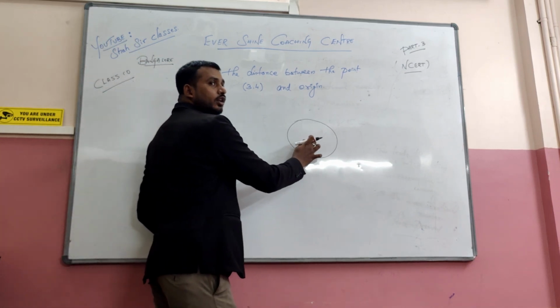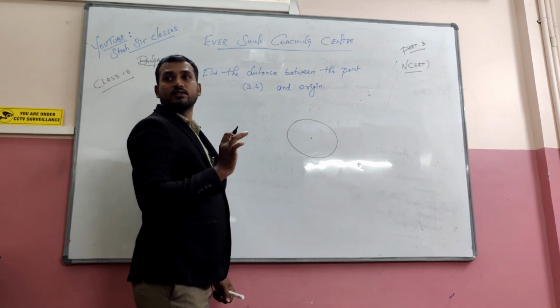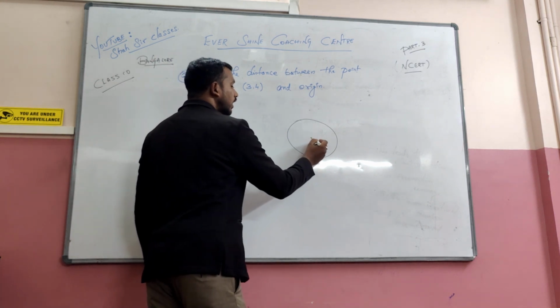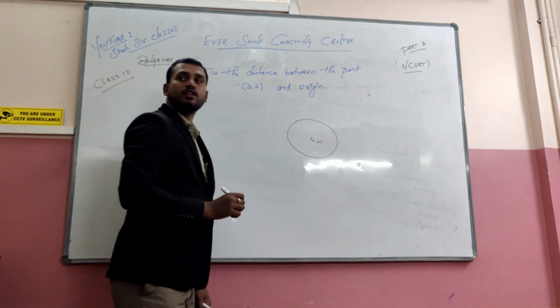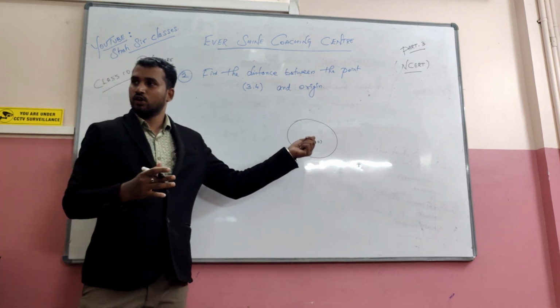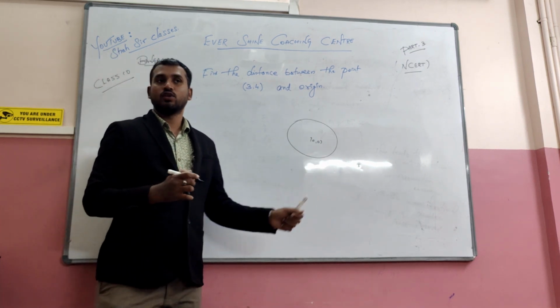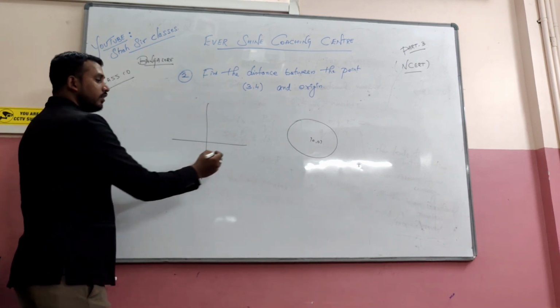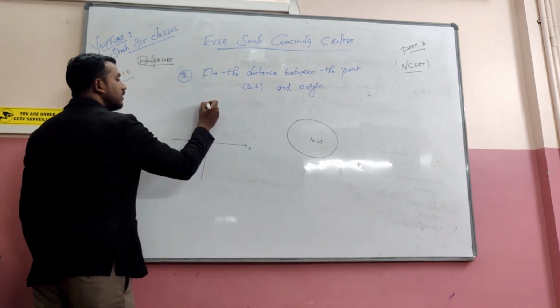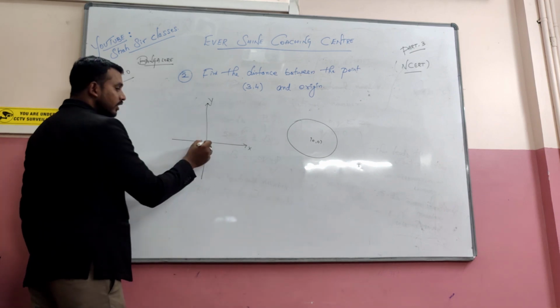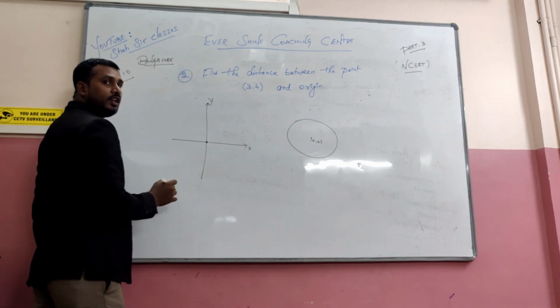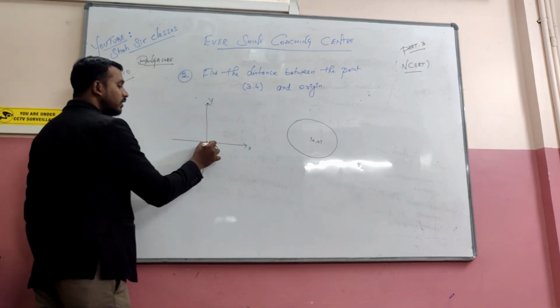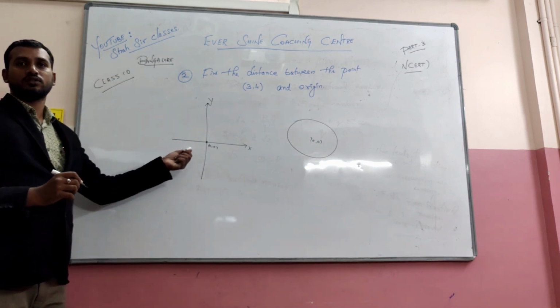At the center of the circle, what are the coordinates? 0, 0, isn't it? X value is also 0, y is also 0. You remember the graph? In the graph, x axis, y axis, this is the center. What is this coordinate? 0, 0. So this is the origin.